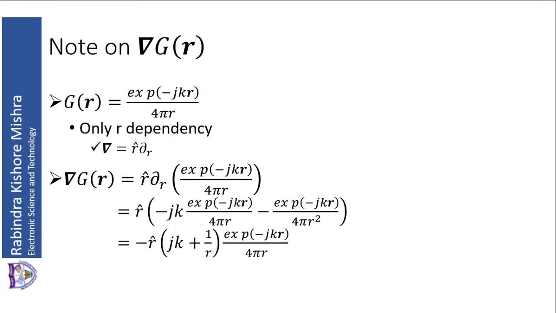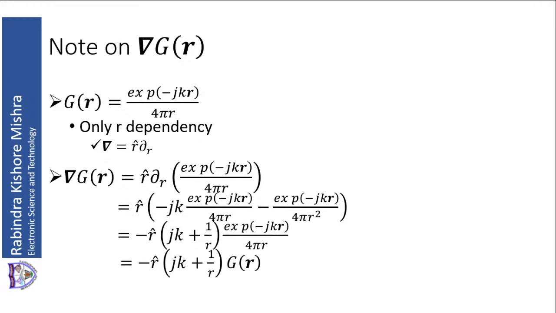That exponential term is equal to G. Therefore, grad GR is equal to minus r cap into jk plus 1 by r into GR. This is something we must note and use in the expressions for the fields.